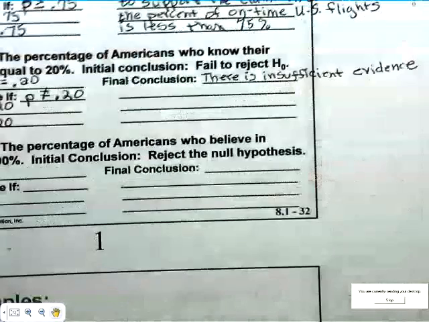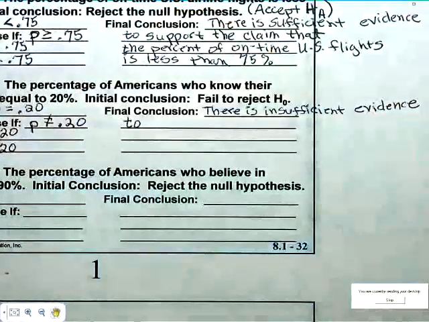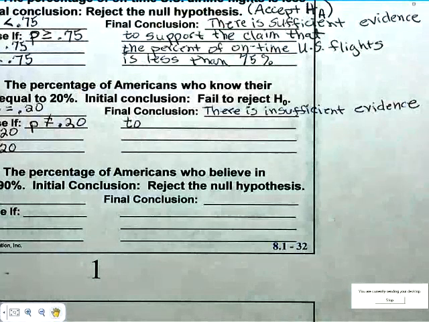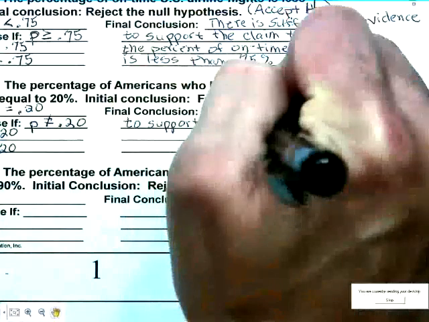And really, if there's insufficient evidence to support or reject, you don't know either way. I'm just going to say insufficient evidence to support the claim, and then just restate what the claim is.